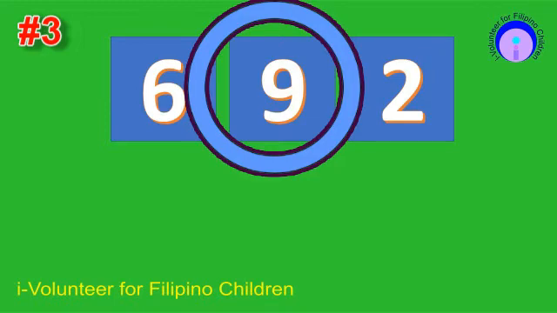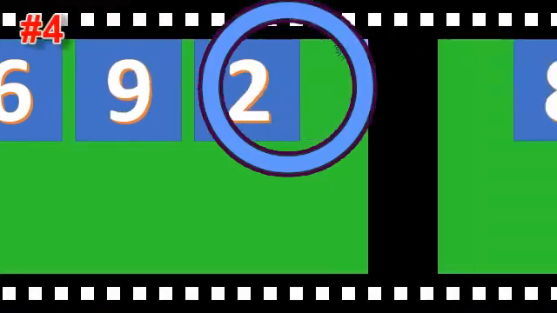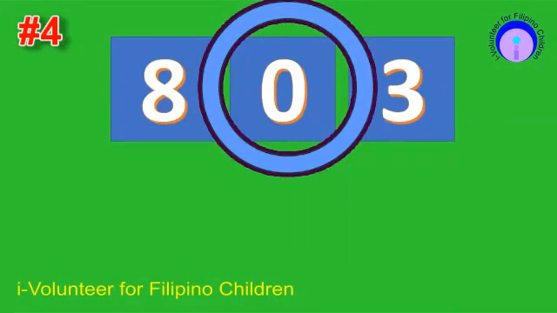Digit 9 is in the tens place. Item number 4. What is the place value of this digit? Digit 0 is in the tens place.